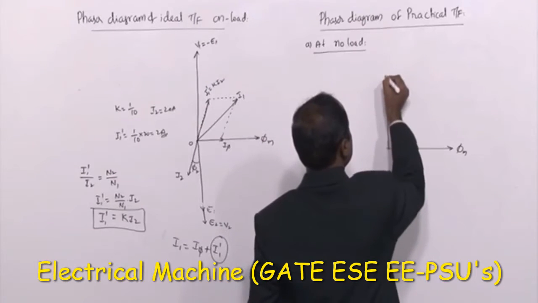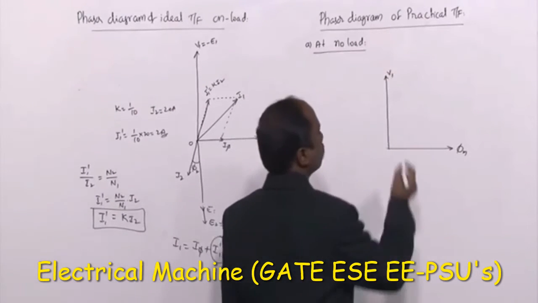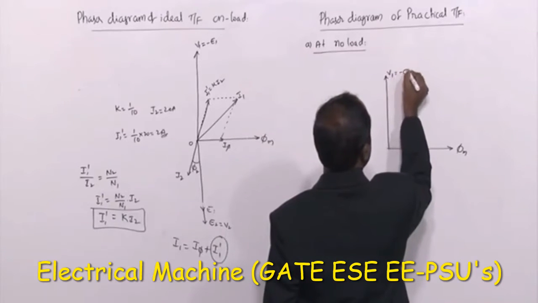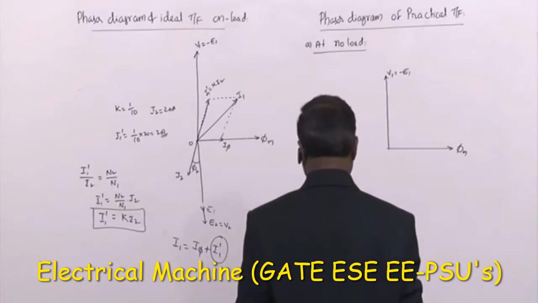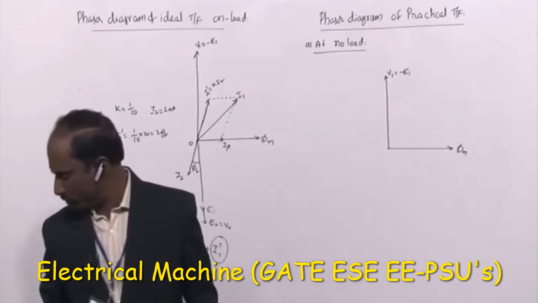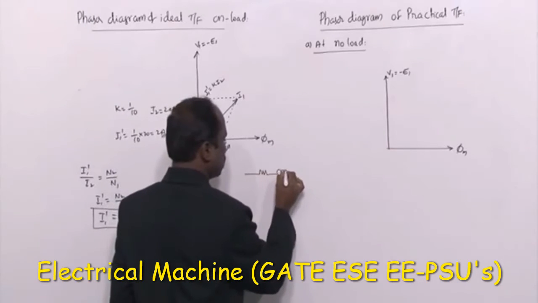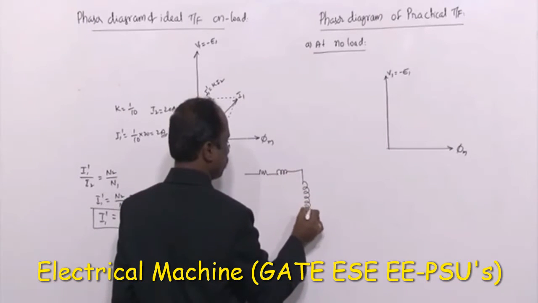This is voltage V1 which is leading this, which is equal to minus E1, or this voltage is not equal to V1 now.